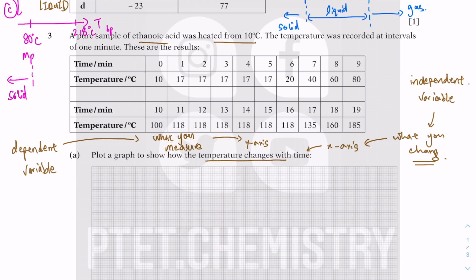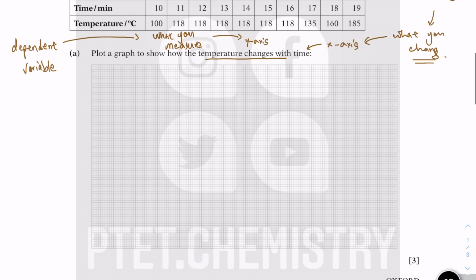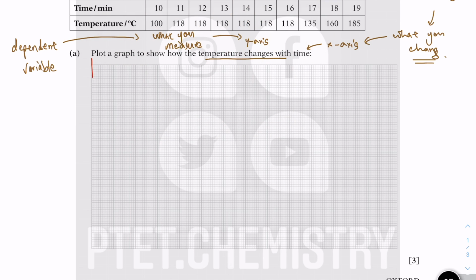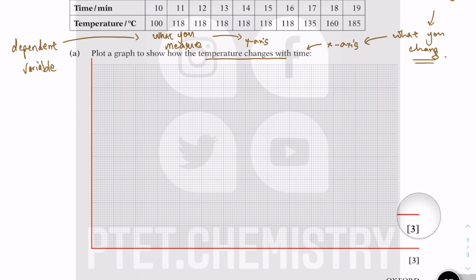All right, let's see how long it would take for you to plot a graph. This is an empty graph paper. What you need to do is take a ruler. I don't have a ruler because I'm working on the screen, so that is all good. I have my straight line there. The first thing you need to do is plot the axes. On the x-axis is time.